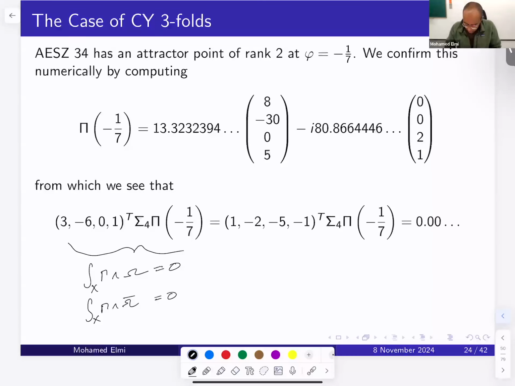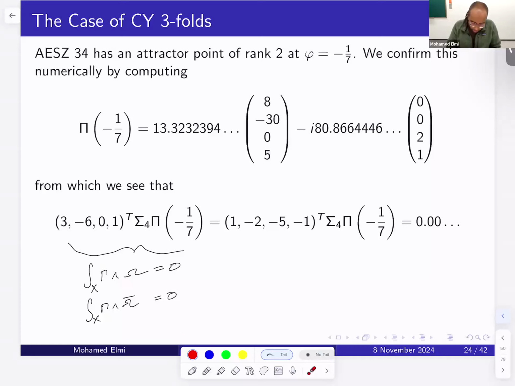And look, what this is telling you is that gamma can't have a 0,3 part, because if it did, then this would be non-vanishing. Gamma, again, can't have a degree 0 part, because then you create something proportional to the class of the volume form, and that would be non-vanishing.